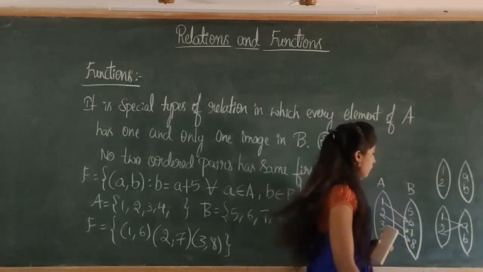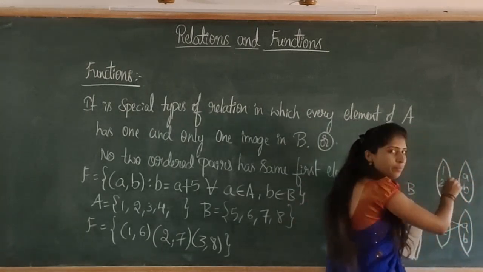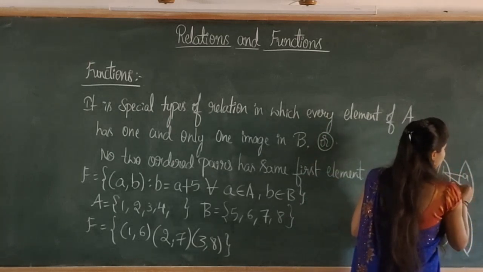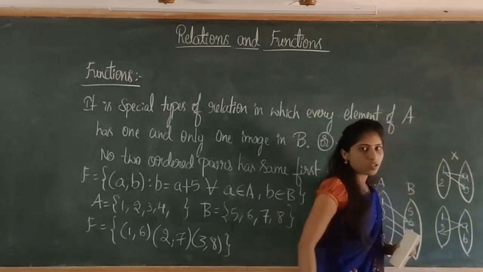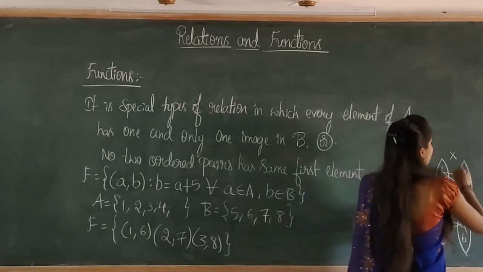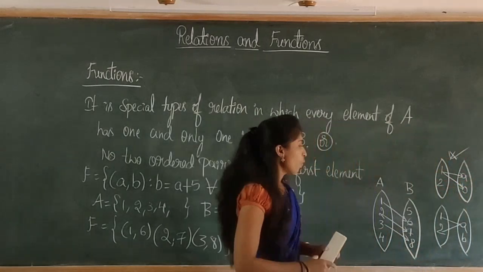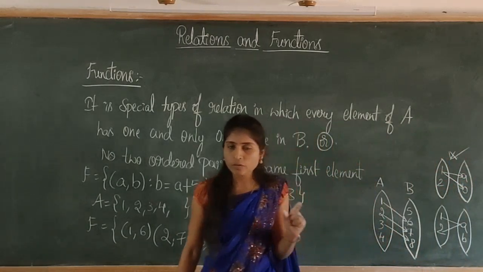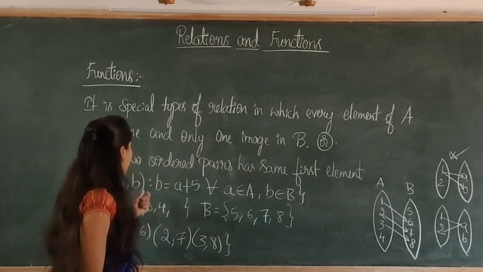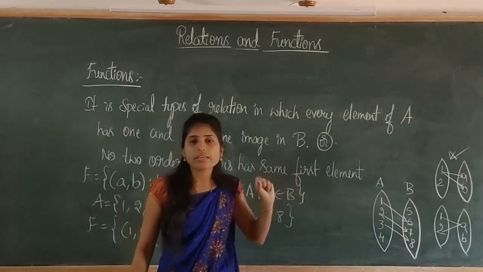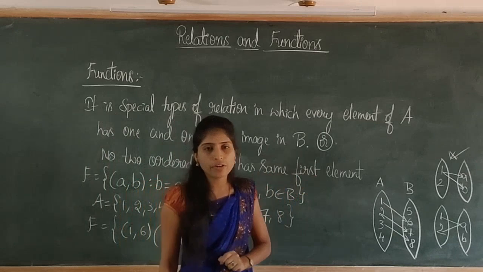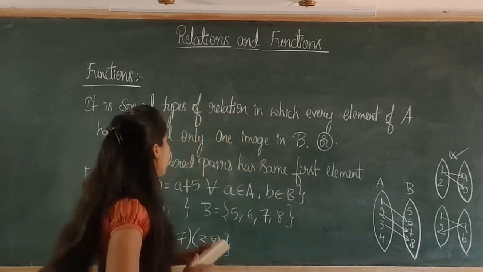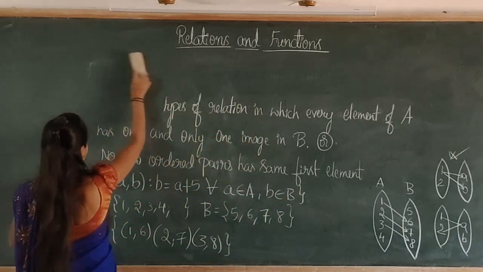But one element having two images is not possible. If it is like that, it is not a function. One element of A has one and only one image, or you can see here that no two ordered pairs have the same first element in a function. This is function.